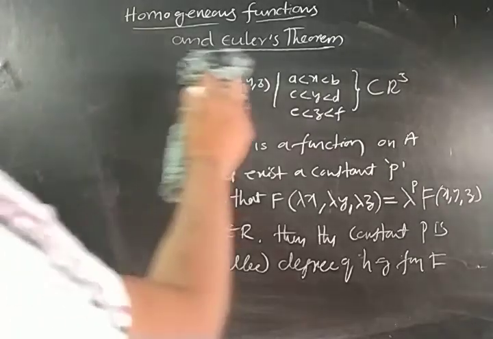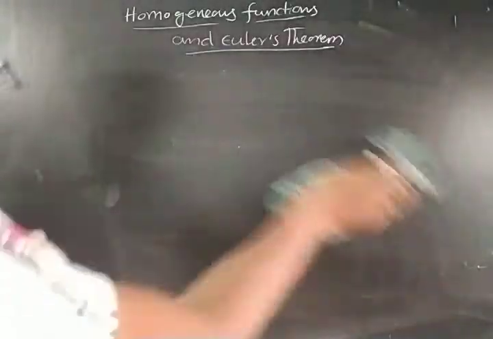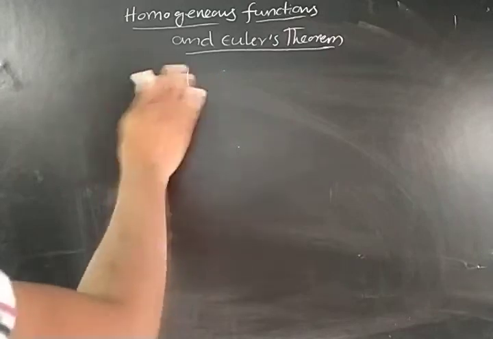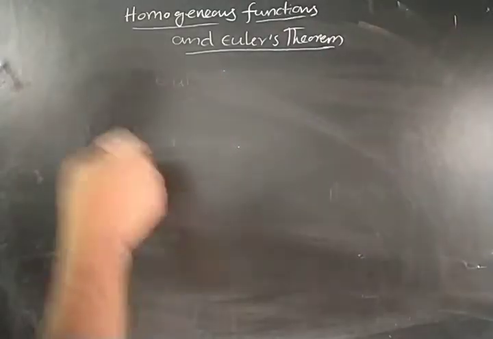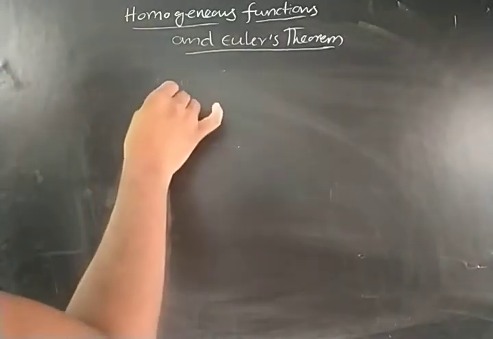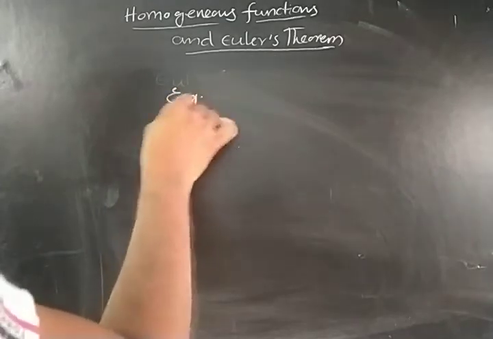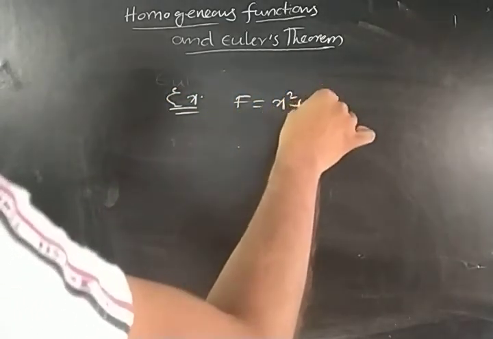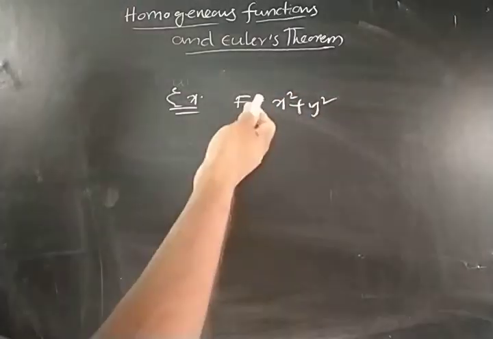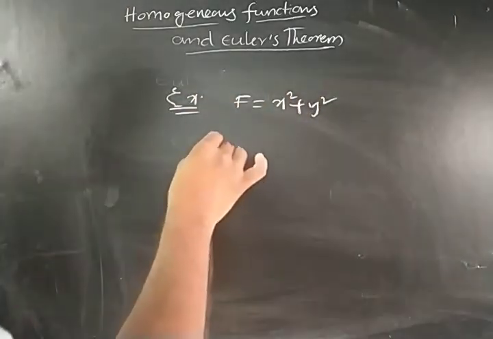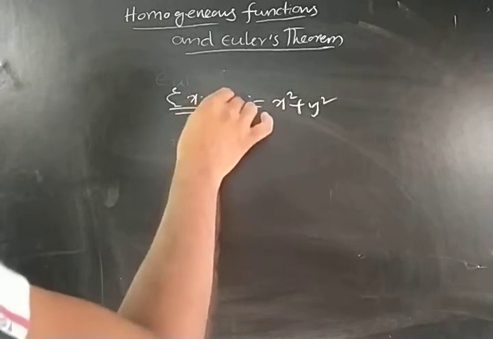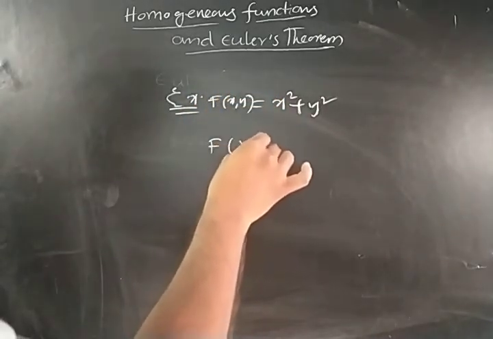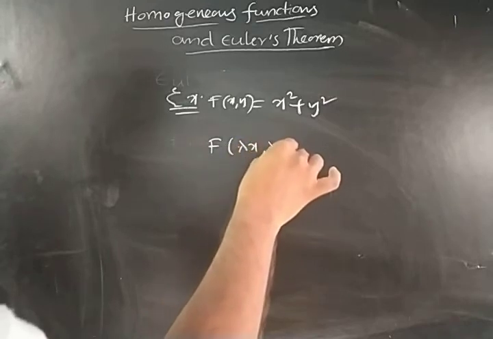Now let us discuss Euler's theorem. What is the statement of Euler's theorem? First of all, let me give one example of a homogeneous function. Suppose f equals x square plus y square, a function in two variables x comma y. Suppose in place of x I substitute lambda x, in place of y lambda y.